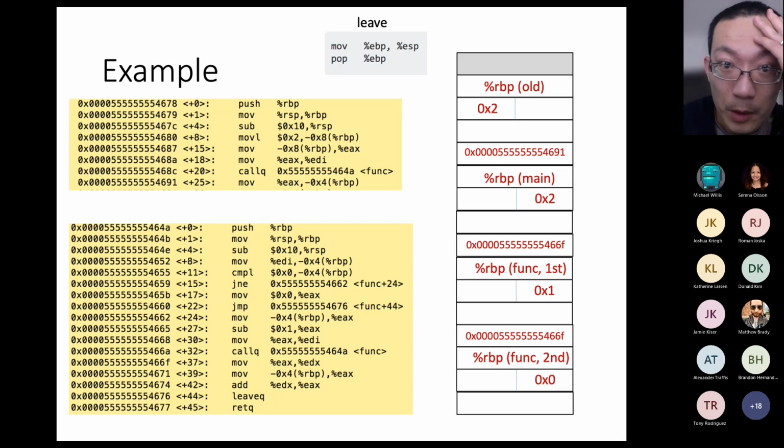I will give you 5 minutes. You can read through this assembly code and look at the stack and try to figure out what kind of function call we have in this place.